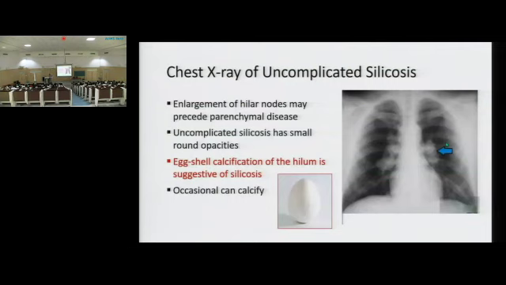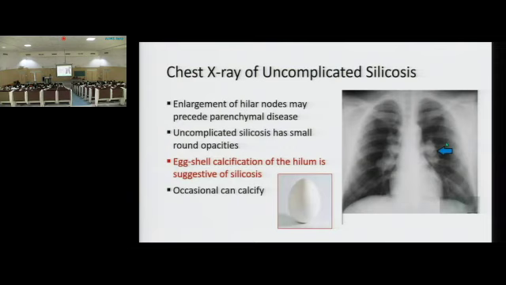On the chest X-ray of uncomplicated or simple silicosis, there will be enlargement of the hilar nodes, right? Uncomplicated silicosis has small round opacities, and the hilar nodes will have eggshell calcification.